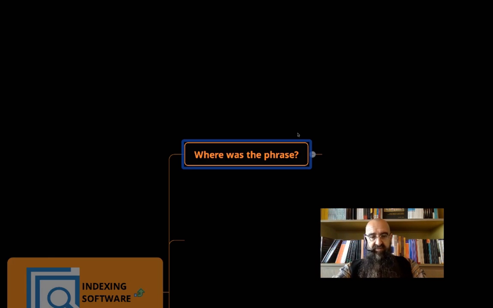But it's a bit more difficult to work out where a specific phrase that you might have read a year ago or just a month ago is. Now, unless you have an incredible memory with a physical library, this is very difficult. But here is where this indexing software really comes into its own.